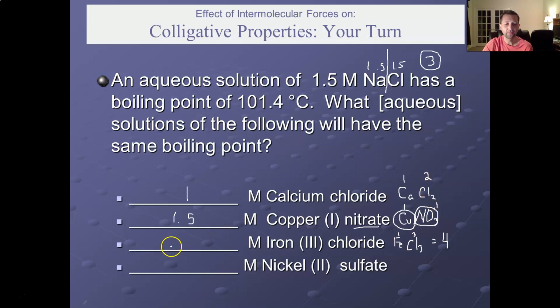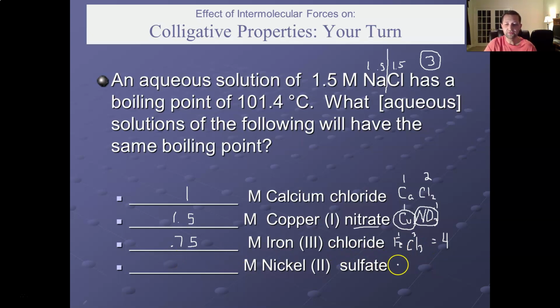If we do 0.75 molar iron(III) chloride, 4 times 3/4 gives you 3 dissolved particles. So we want a 0.75 molar iron(III) chloride solution. That's 0.75 from the iron, and then 0.75 times 3, which gives you 2.25 from the Cl.